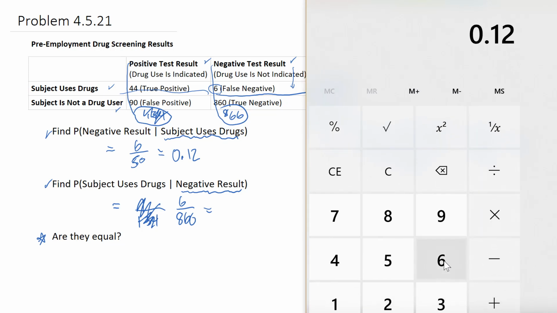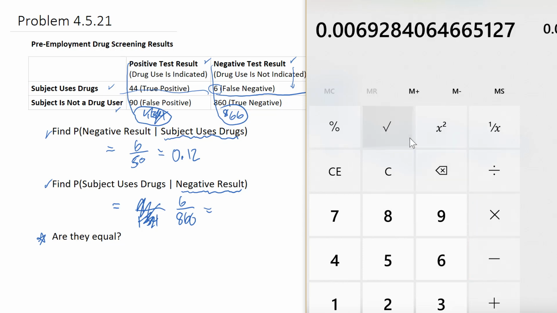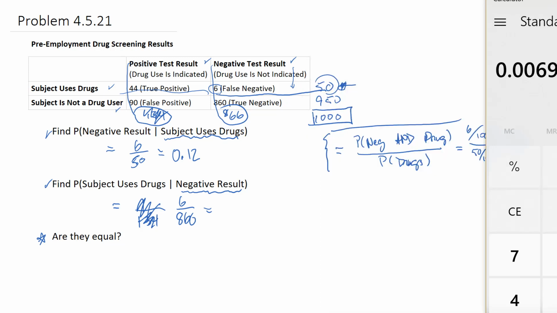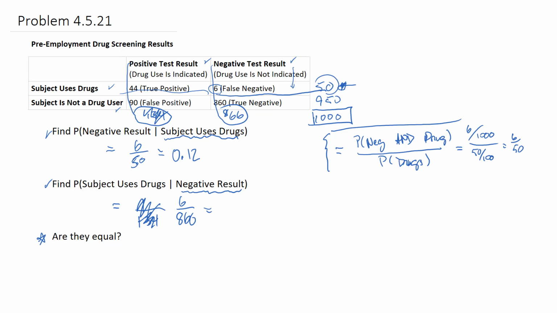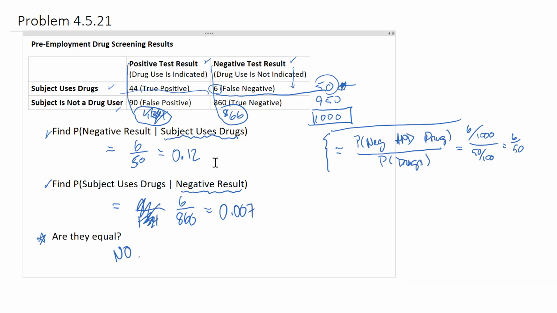So we're looking at 6 divided by 866, and we get 0.0069, so about 0.007. So clearly they are not equal to each other because when we take from a different pool, we're going to get different results. Okay. So I hope this helps, and good luck.